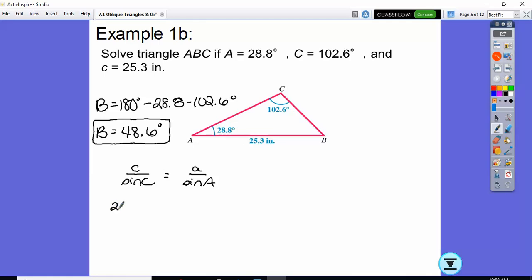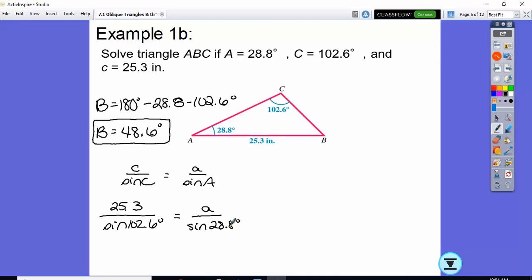So side C is 25.3 over the sine of 102.6 degrees equals A, which we do not know, divided by the sine of A, which is the sine of 28.8 degrees. And then we can just use our calculator.